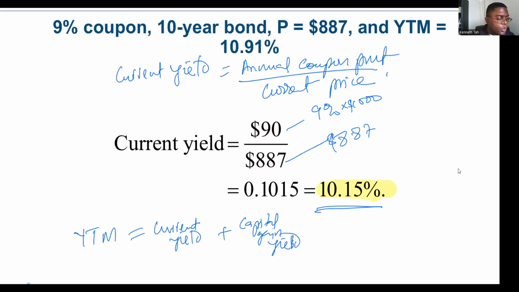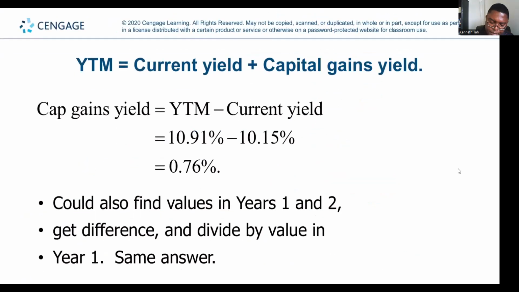Which means that we can calculate the capital gain yield by taking the yield to maturity minus the current yield.